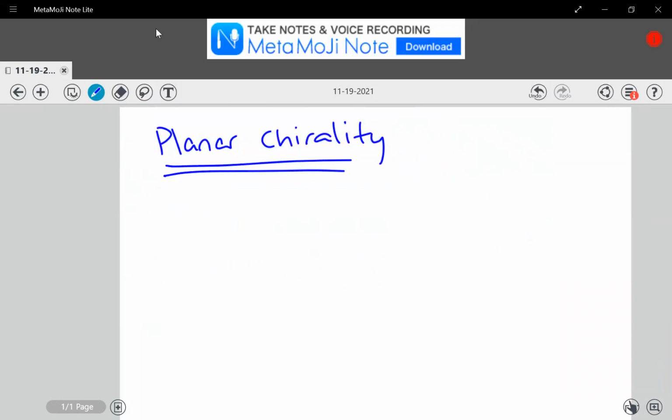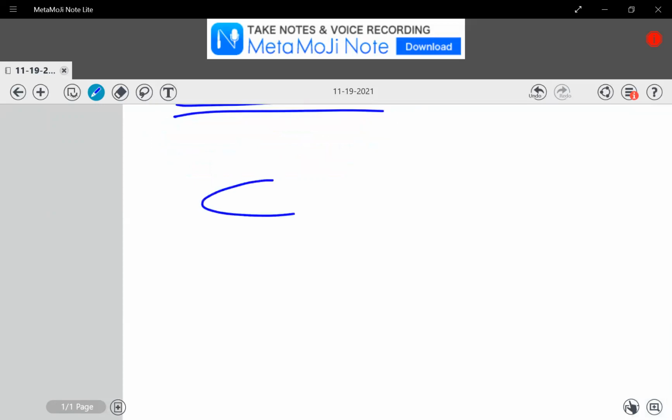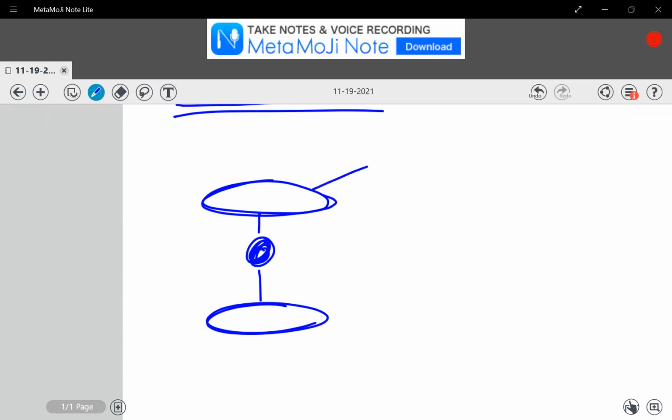And this is just enantiomers that have a chiral plane instead of a chiral axis or a single atom that is chiral. So we have a circle here, which is our plane, and another one here. And maybe we'll have an atom right here connecting over here. And then we'll have another atom here, which is a square, and one more, which is an X.